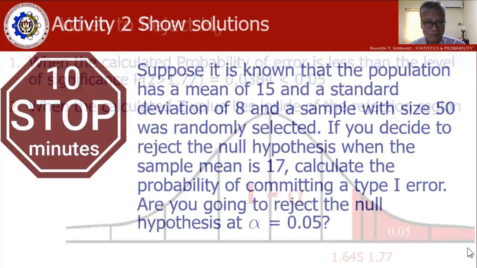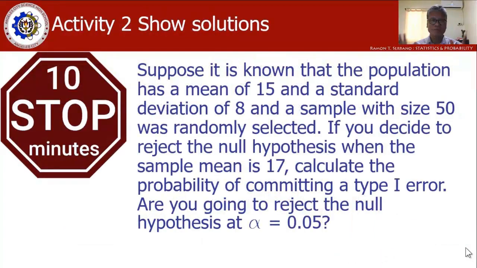Quite easy, right? So again, this time around for activity 2, I want you to show your solutions. I have here the question. Suppose it is known that the population has a mean of 15, looks very similar, and a standard deviation of 8, and a sample with size 50 was randomly selected. If you decide to reject the null hypothesis when the sample mean is 17, calculate the probability of committing a type 1 error.